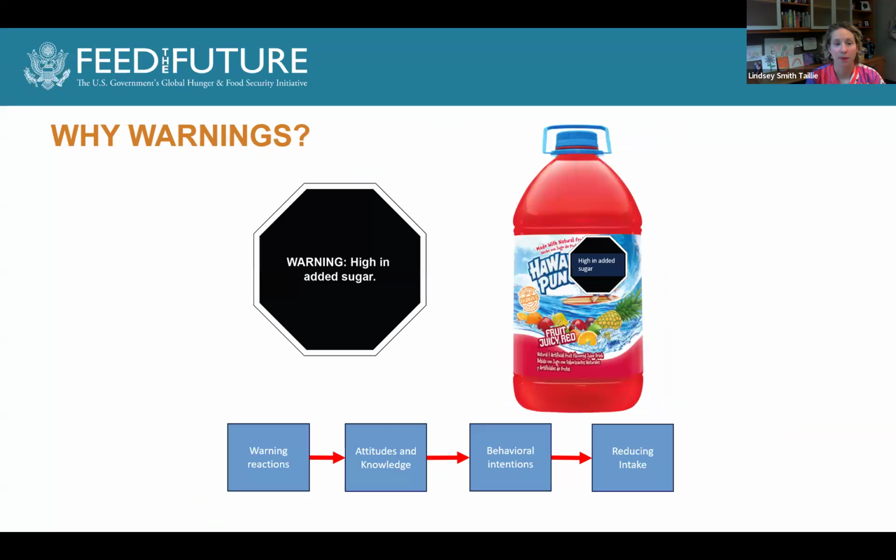And so just to wrap up, this is my last slide. I really think one take-home message from today is that it's really a package of food policies that is the most effective in terms of changing the food supply, helping consumers make healthier choices, and preventing NCDs.